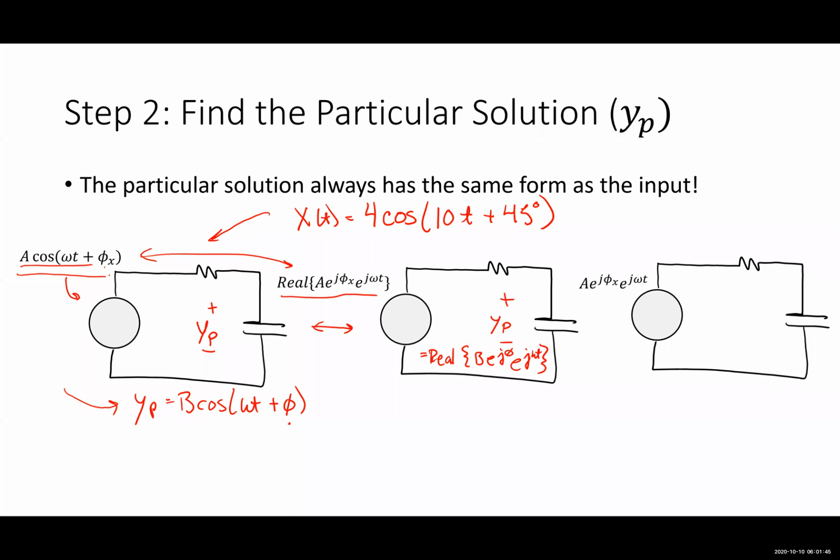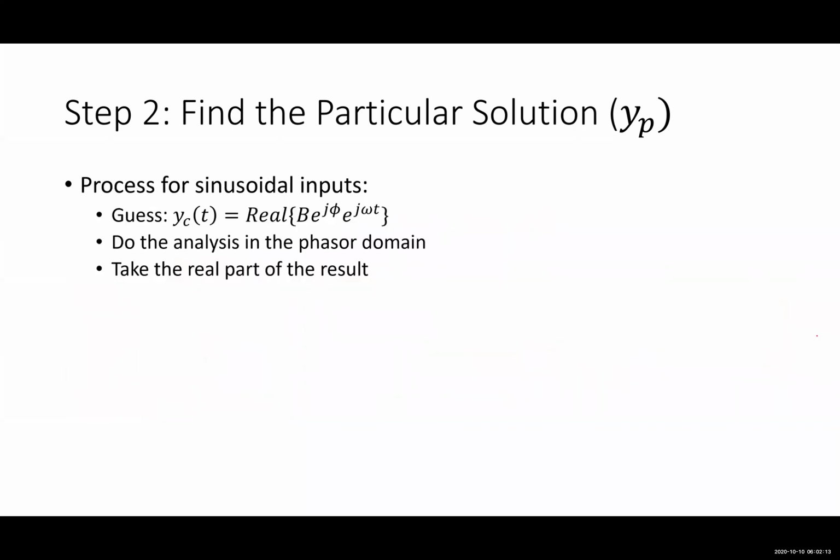The same is true in this circuit over here, so we have real part and real part. Since I just take the real part, if my input is the real part of some dynamic phasor, then my output is the real part of some dynamic phasor. We do all of our analysis in the phasor domain, solve for the dynamic phasor, and then essentially take the real part at the end.